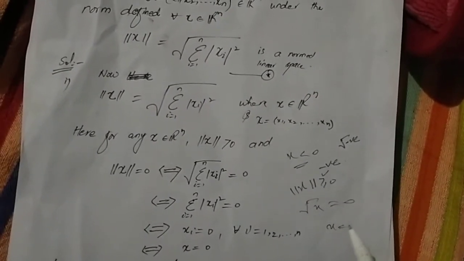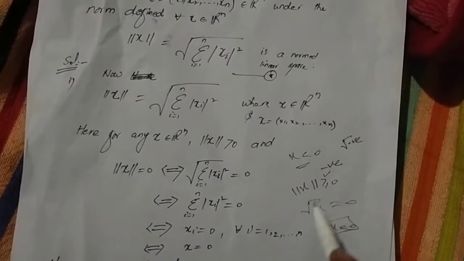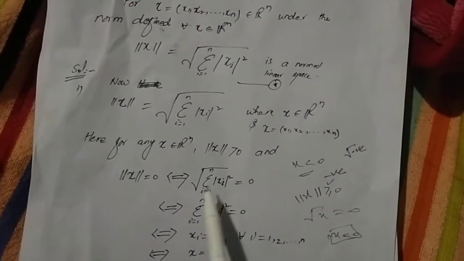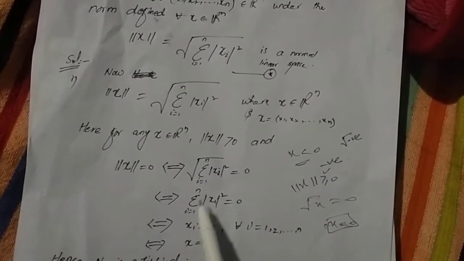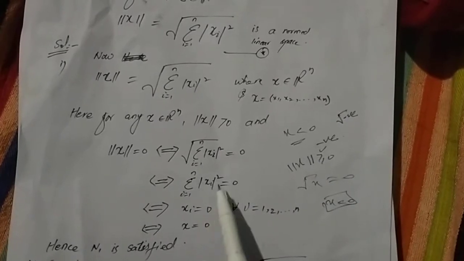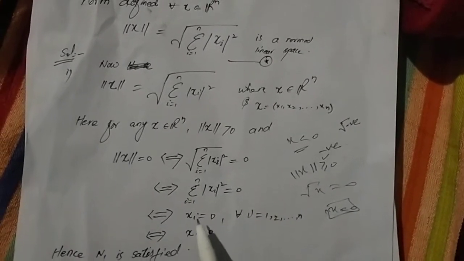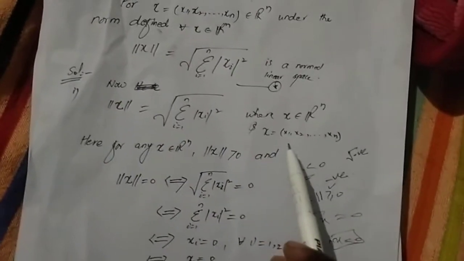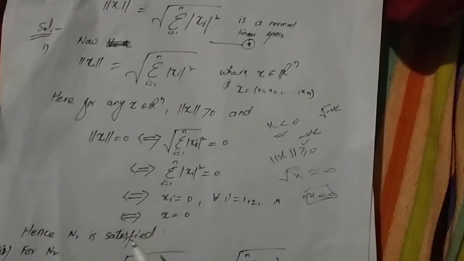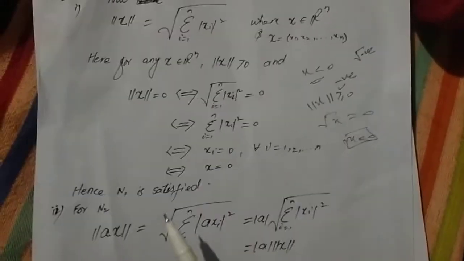If x equals 0, then the square root of that is 0. So the sum of xi squared equals 0 if and only if xi equals 0, which means x equals 0, because x is x1, x2 and so on up to xn. So the first condition is satisfied.